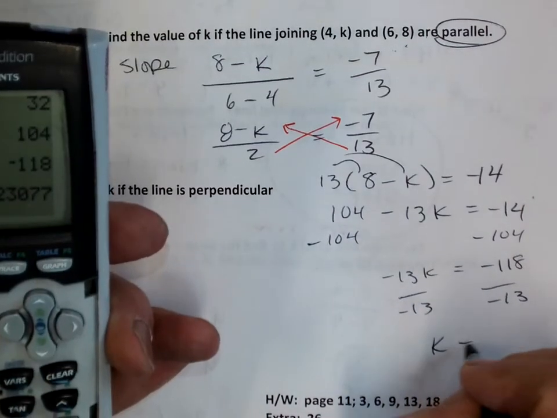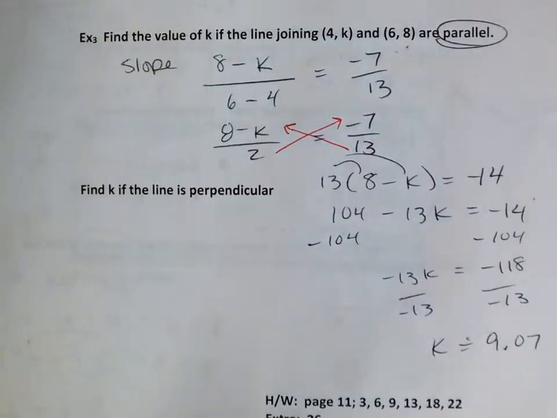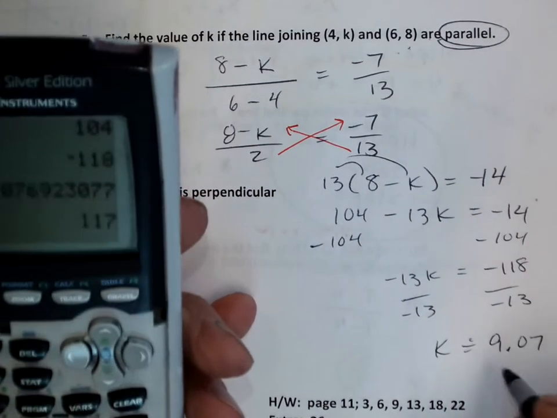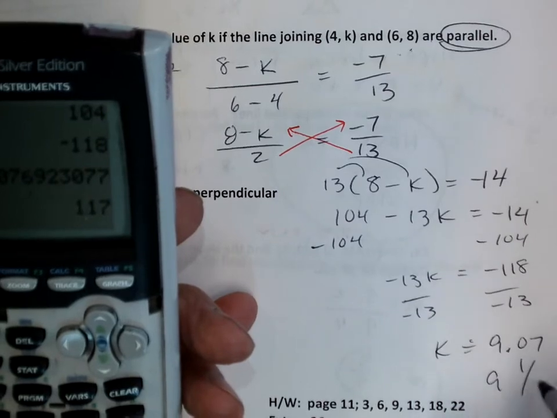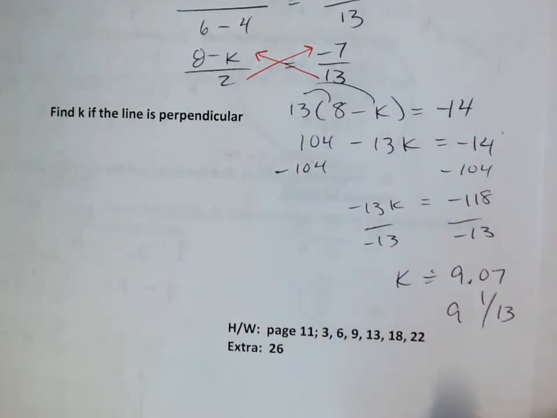So k is approximately equal to 9.07. But let's see, 13 times 9. Hold on a second. 13 times 9 is 117. So it goes in minus. Oh, so it would be a 9 and 1/13. So there we go. As a fraction. Just do a little fraction, okay?